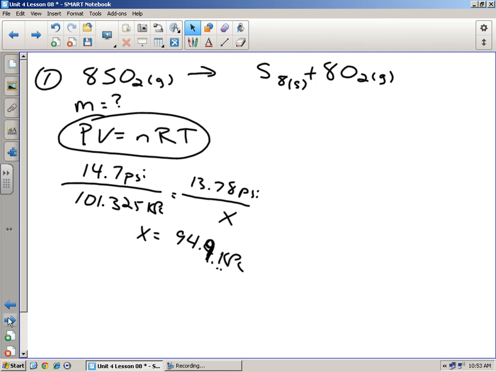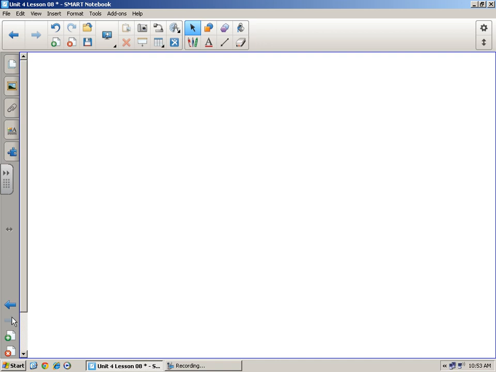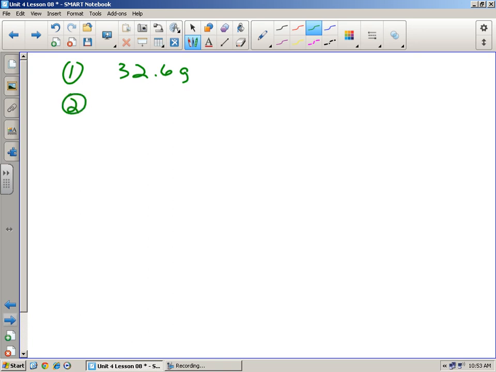Okay. So answers for the worksheet here are going to be, let's see, 32.6 grams. Number 2, 157 liters. Number 3, 39.4 liters. Number 4, let's see here.